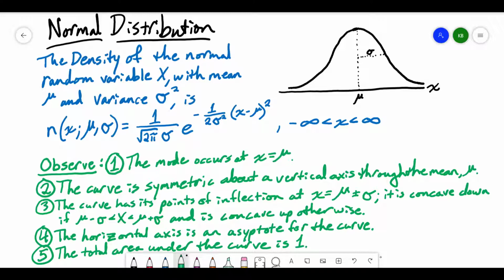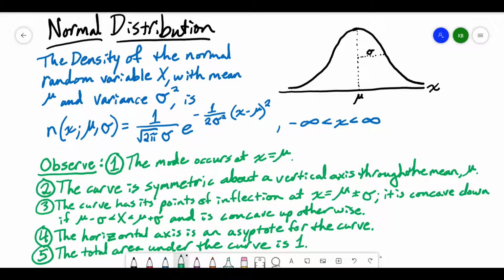It has points of inflection if we look 1 standard deviation away from the mean to the left and to the right of the mean. It's concave downward if we're between the mean minus one standard deviation and the mean plus one standard deviation, and everywhere else it's concave up.